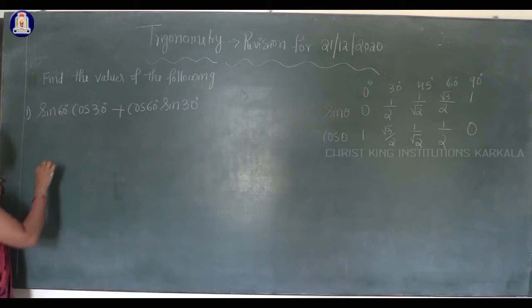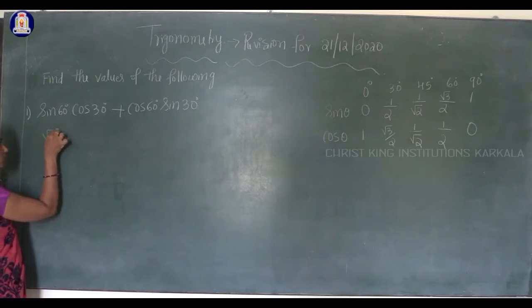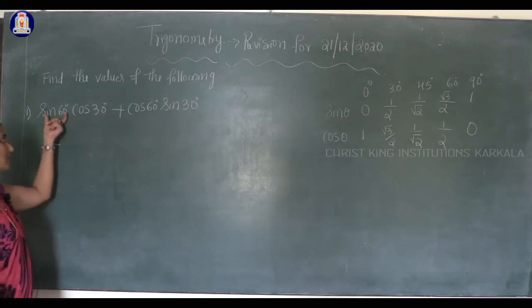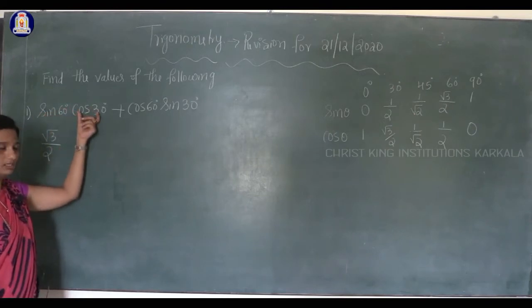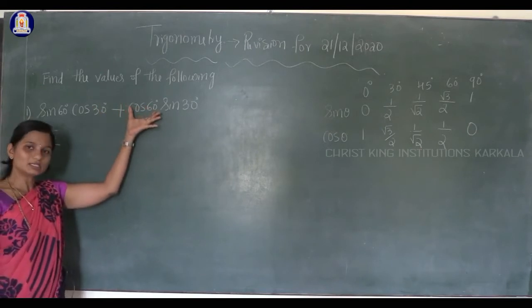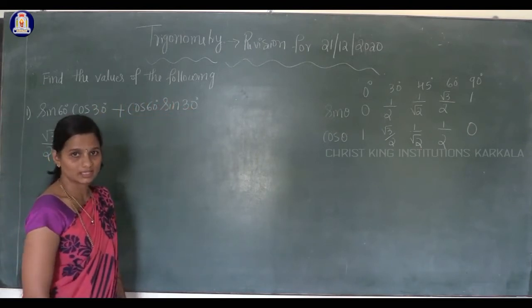Replace the values. Sin 60 is equal to root 3 divided by 2. So we will write sin 60 into cos 30 plus cos 60 into sin 30.